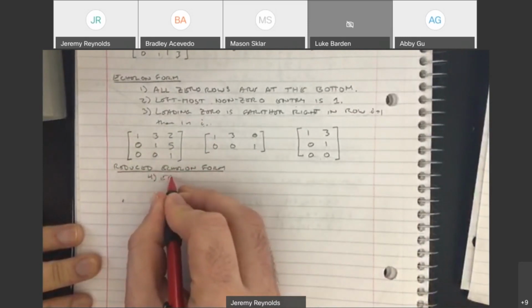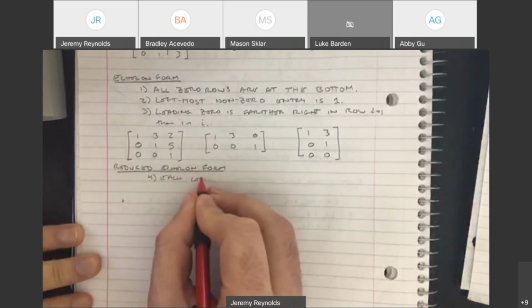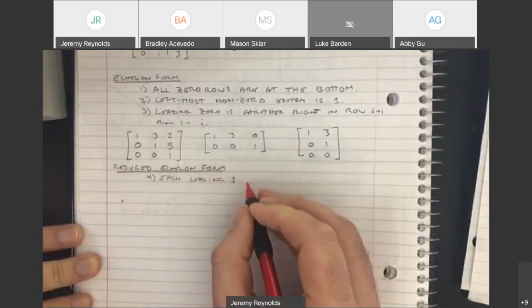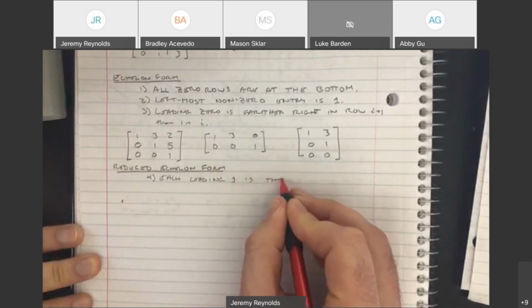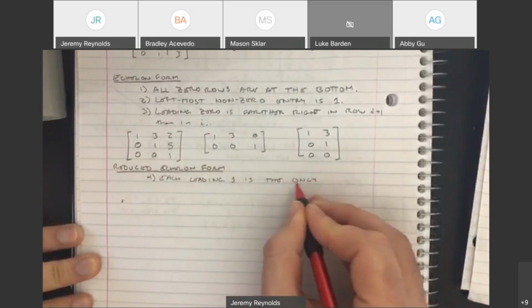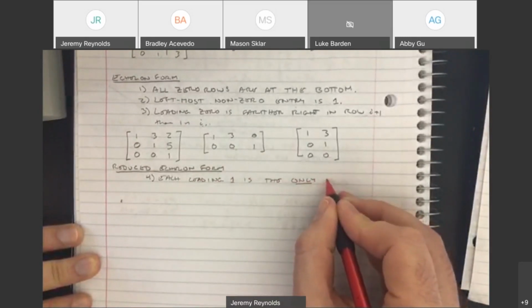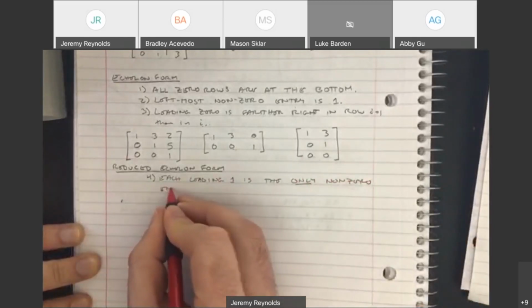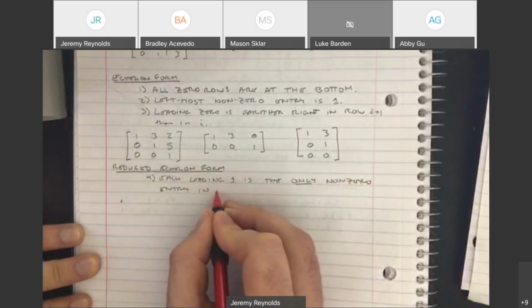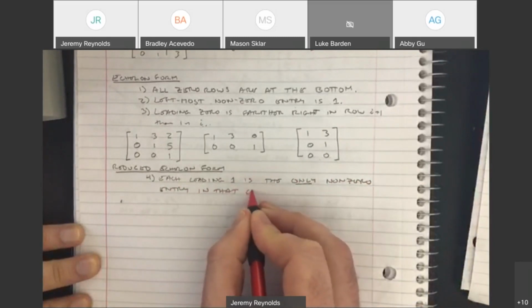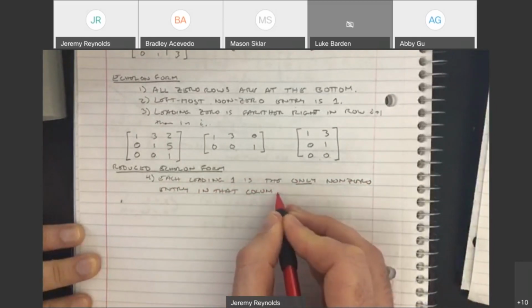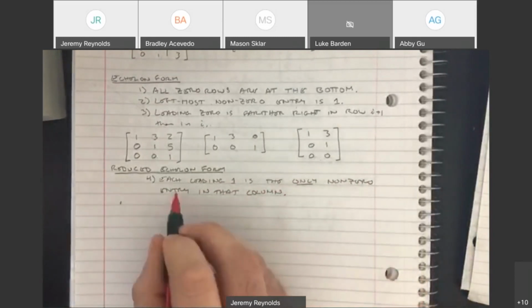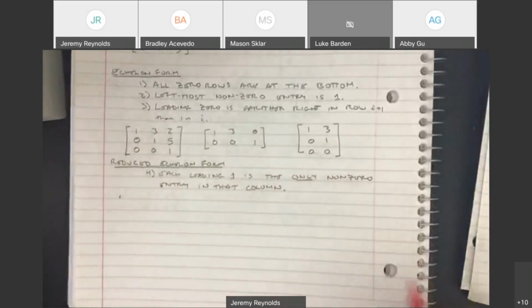This rule says each leading 1 is the only non-zero entry in that column. Okay, so if we have reduced echelon form, here are a few examples.